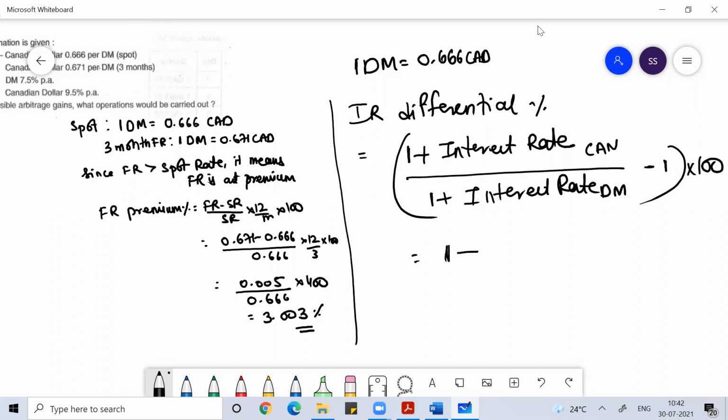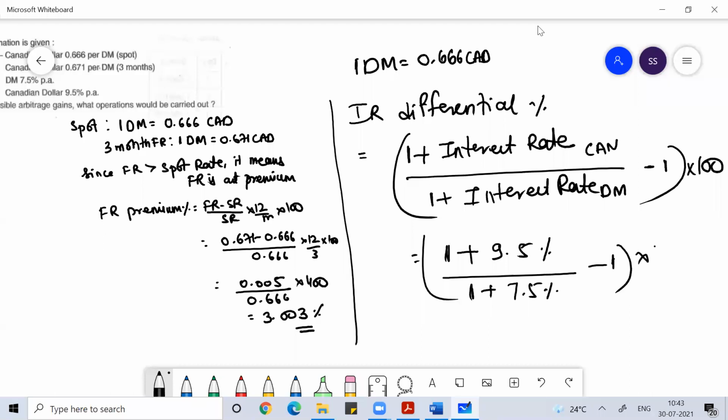1 plus interest rate in Canada, where the interest rate in Canada is 9.5 percent, divided by 1 plus interest rate in Germany, which is 7.5 percent, minus 1, into 100.